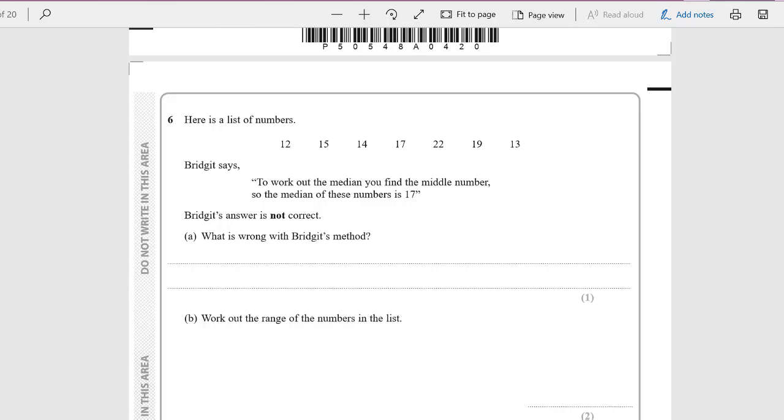Question 6. So here's a list of numbers. And Bridget says, to work out the median, you find the middle number, so the median of these numbers is 17. Bridget's answer is not correct. What is wrong with Bridget's method? Oh, because essentially the numbers are not in order.